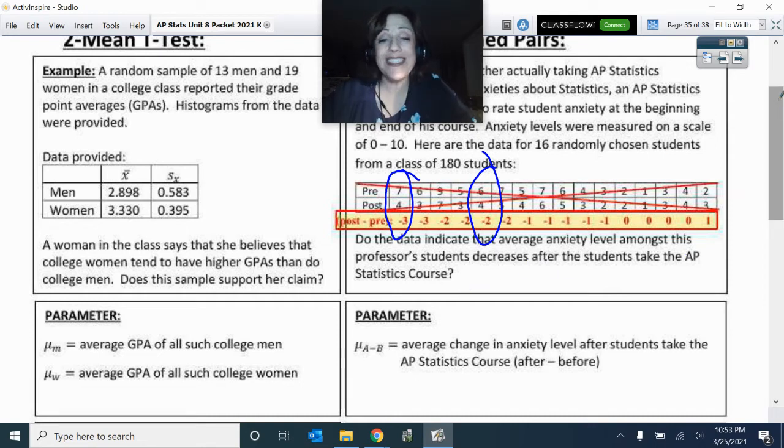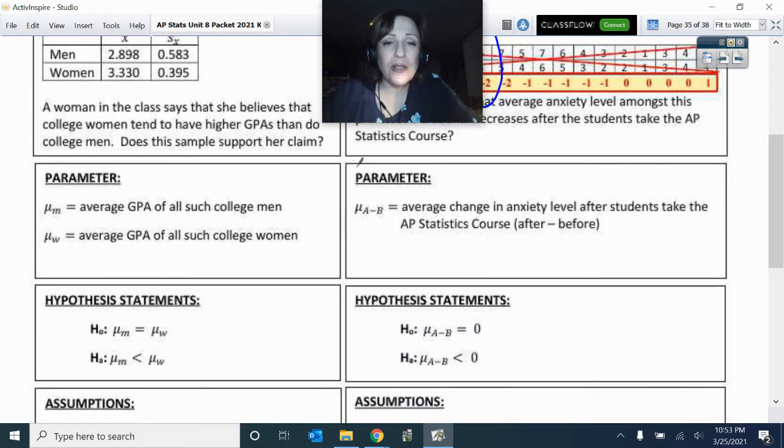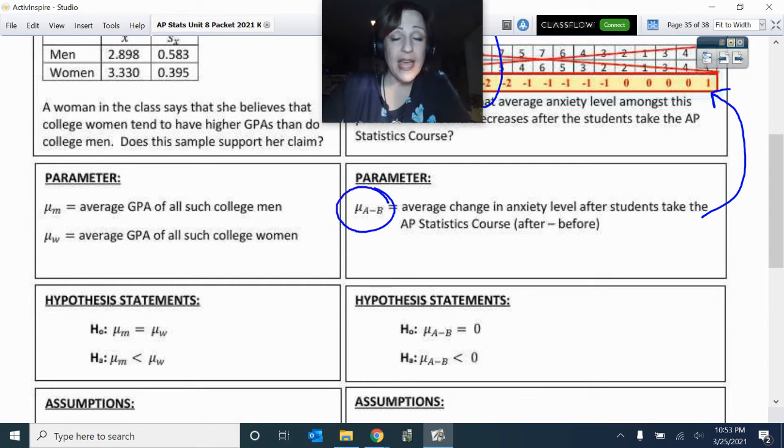So here we go. Let's look at what the parameter looks like. Notice we are just interested in one average of those differences, and so mu of A minus B. You could have done post minus pre or whatever. Here was two independent means, but here's one.